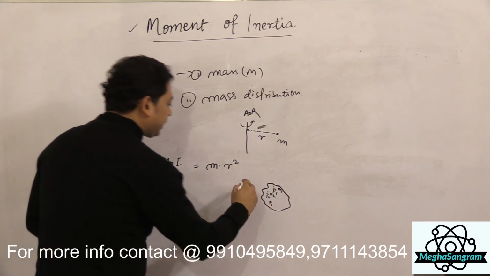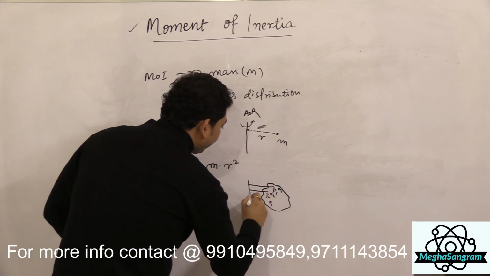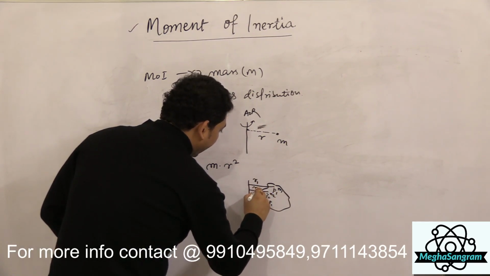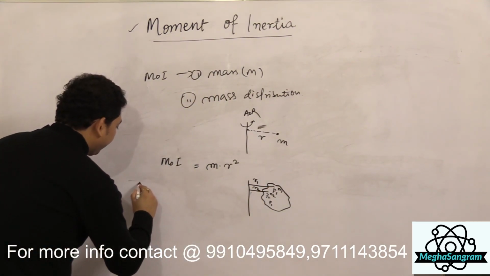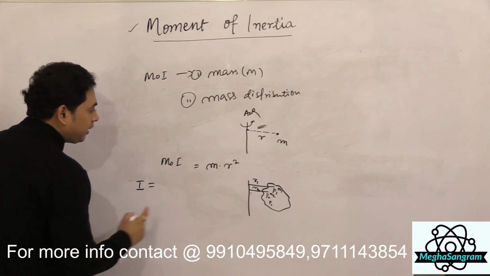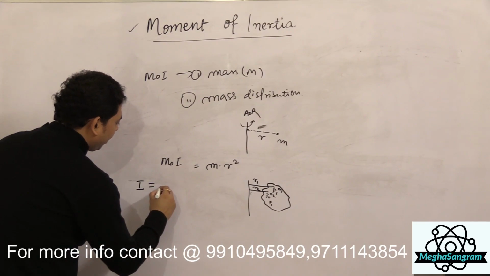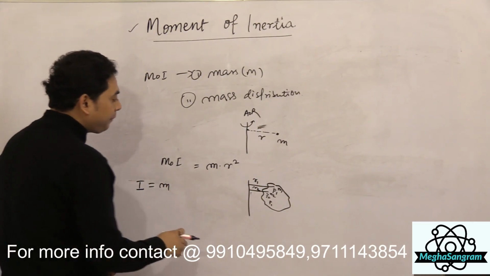If we know the masses and the location of these masses from the axis of rotation, let's say R1, R2, R3, likewise, the net moment of inertia, which we denote as I, can be written as the sum of the individual moments of inertia, isn't it?